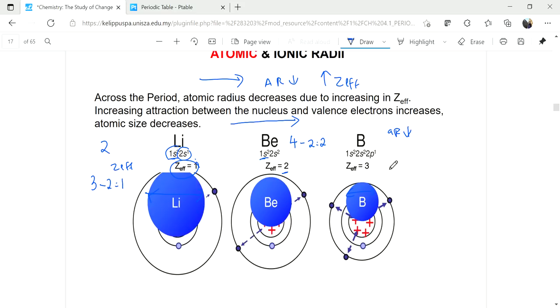In boron, the proton number is 5 minus 2 electrons in the inner orbital, so the ZF value is 3. So across period, atomic radius decreases because the ZF value increases. ZF value is the attraction between the nucleus and the valence electron.